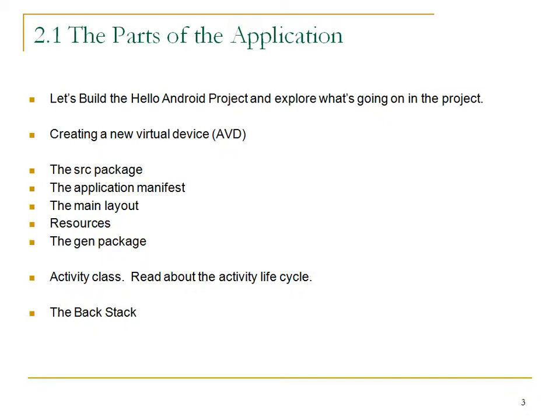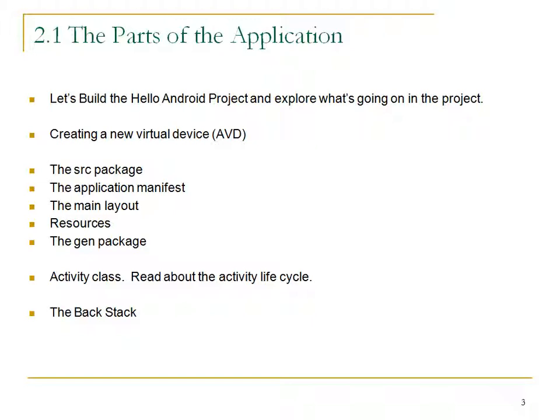And I'm going to go back to Eclipse and build Hello Android, and we will start digging in and making sure that we understand what we have with the very simplest Android application. So not only does it work, but what's going on. In this segment, we will create a new virtual device.